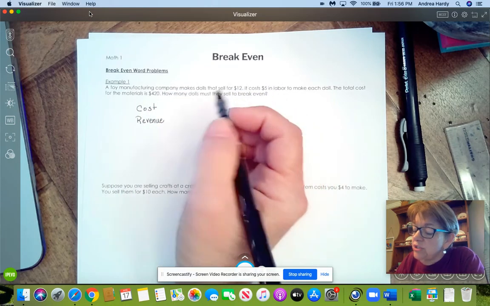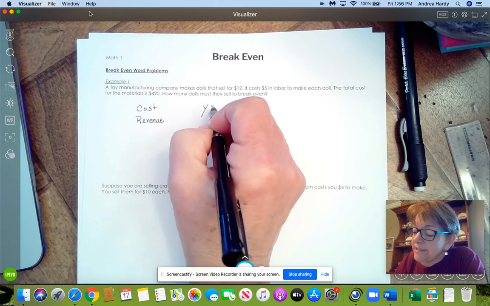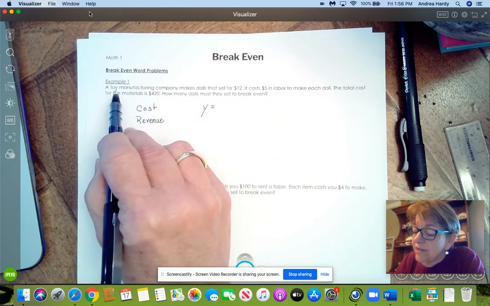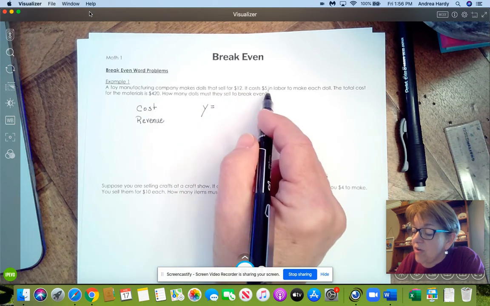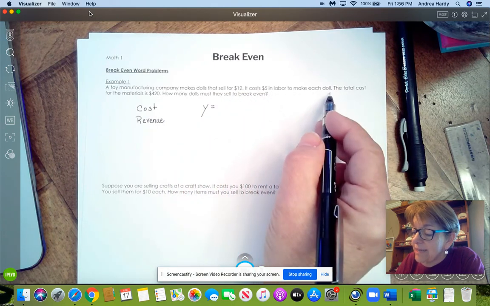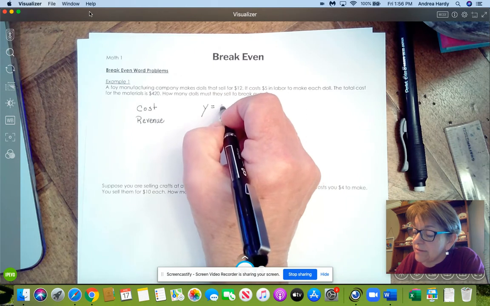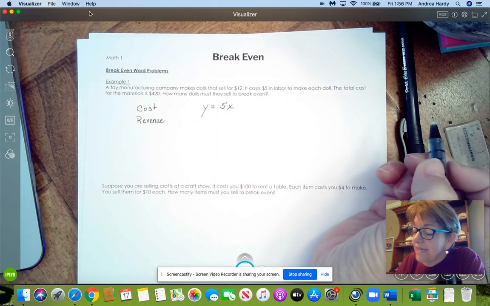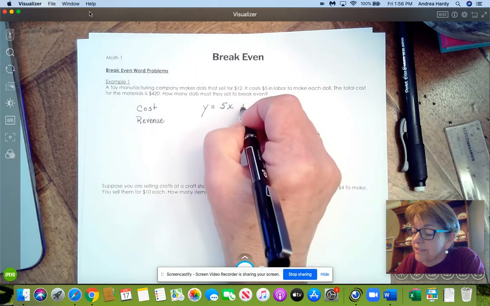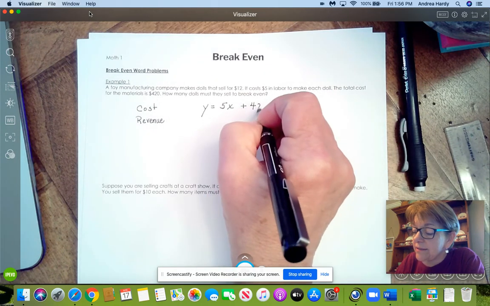Okay, so we're going to put the cost is equal to how much it costs. They make dolls that sell for $12. It costs $5 in labor to make each doll, so $5 to make each doll, and the total cost for materials is $420.